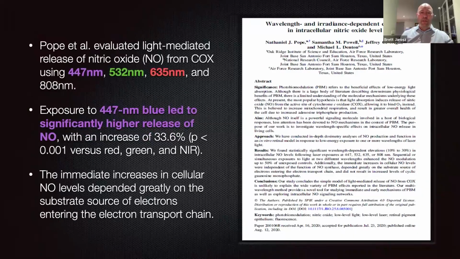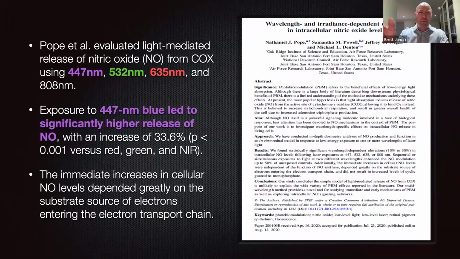And then there's also been nitric oxide from COX. One of the mechanisms, if you go back to webinar 1 from last year, where we break down the mechanisms of how this whole process of light therapy works, we looked at a lot of the research behind red light into cytochrome C oxidase.